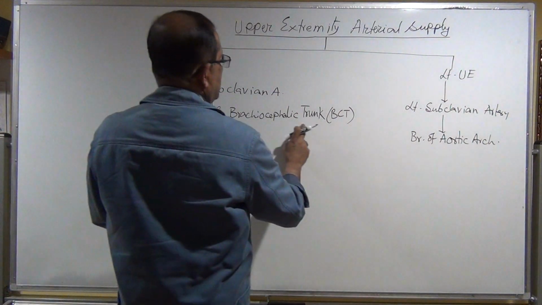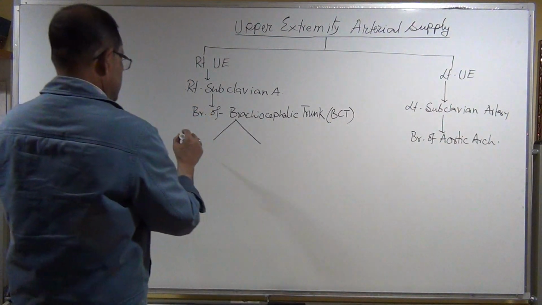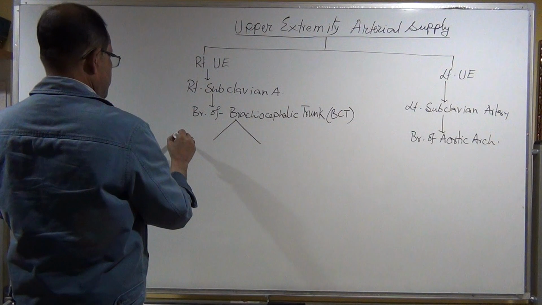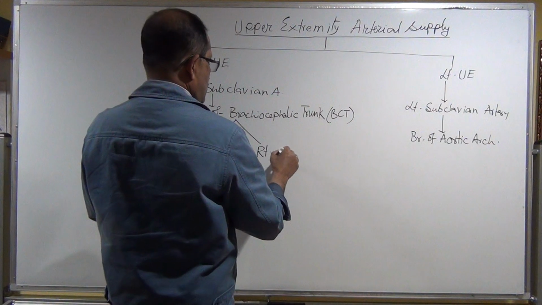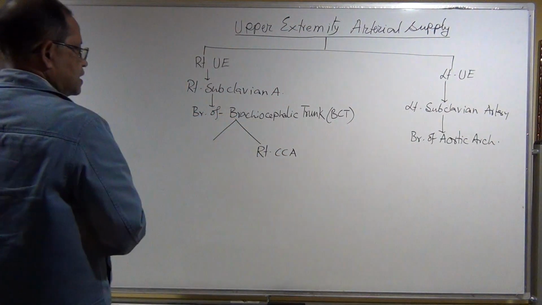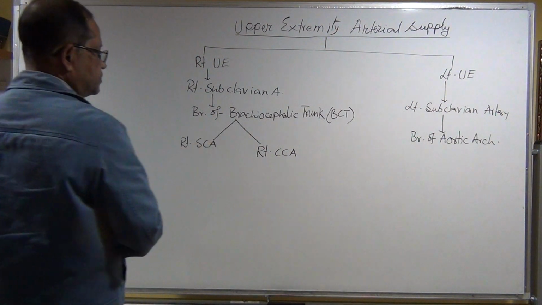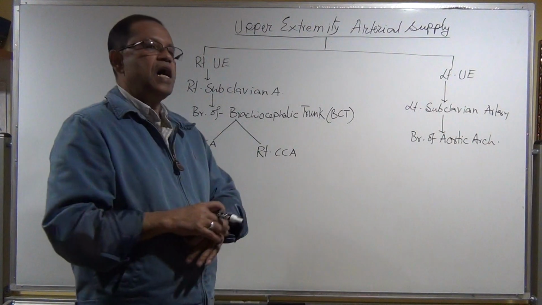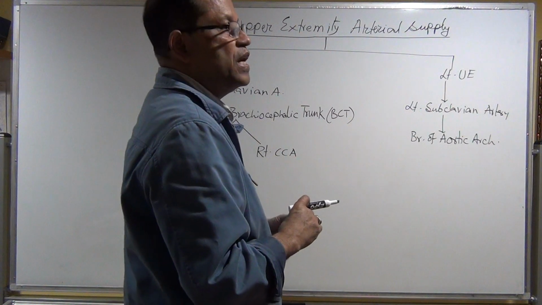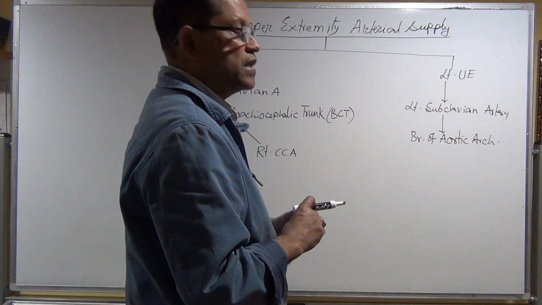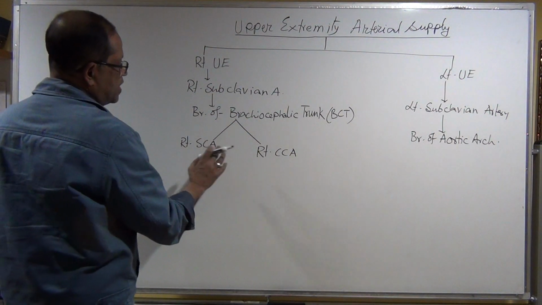So here is the right common carotid artery, and here the right subclavian artery. The right common carotid artery we discuss with the extracranial cerebral system. But now our point of interest is the right subclavian artery.